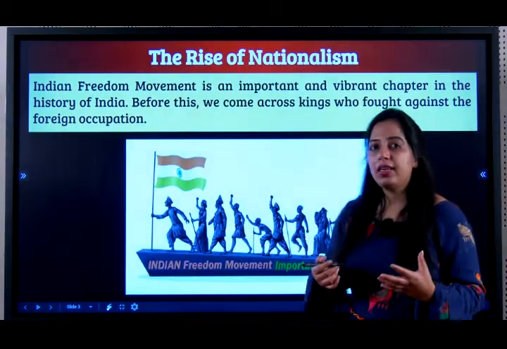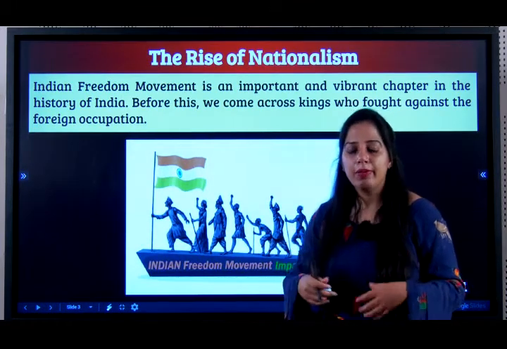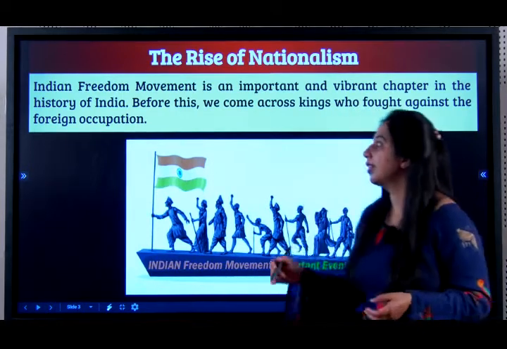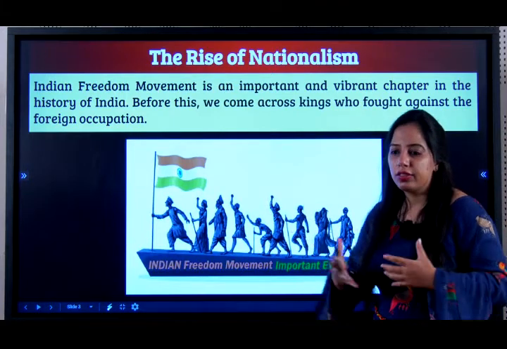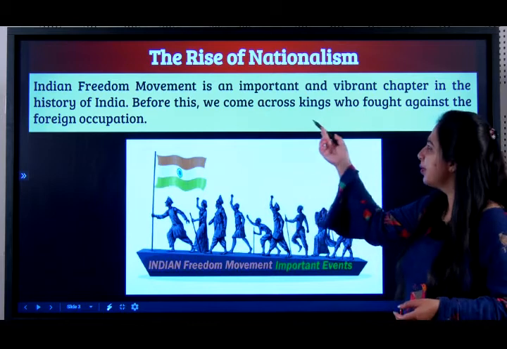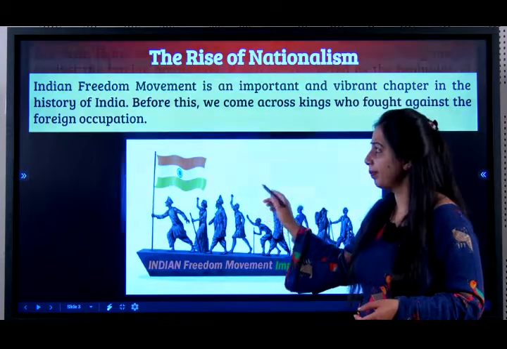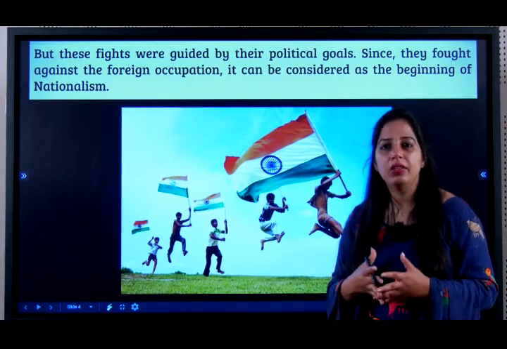We will learn about all of them in detail in this chapter. Students, we have seen now that the Indian freedom movement has come to a phase where people have become more aware of the thought of nationalism. It has come to a very important phase for the whole country of India. Before this, we used to see kings who fought against the foreign occupation, but these fights had limited political goals.